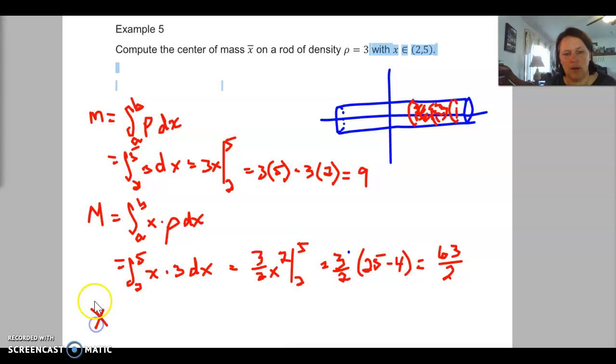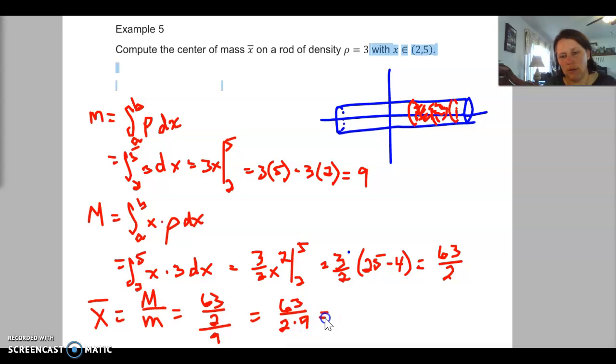And then our center of mass is equal to x bar, which is the moment over the mass, which is 63 over 2 all over 9, which then, invert and multiply, we would get 63 over 2 times 9, which then would become 7 halves, which is 3.5.